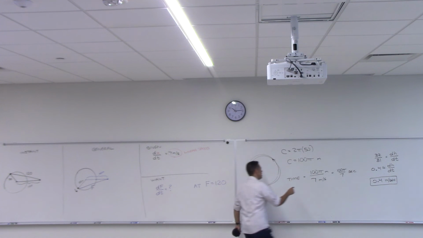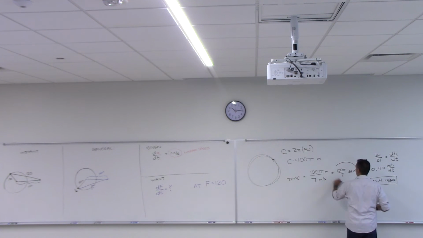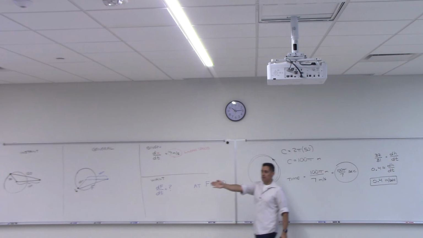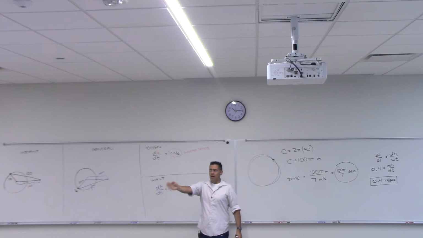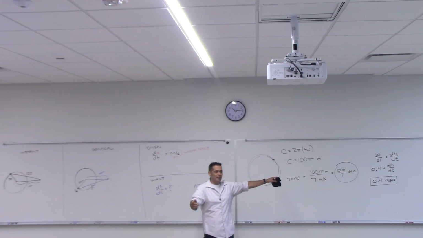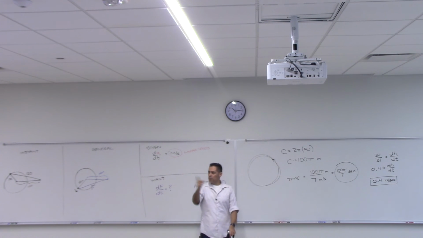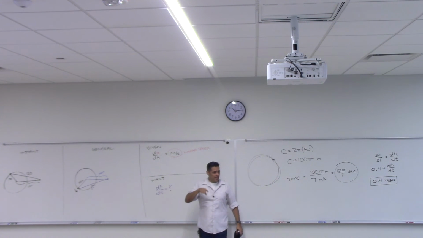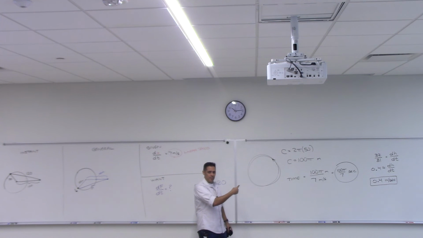So this is how much time it takes her to go around once. In terms of an angular speed, how long does it take me to go around once? That same time. So I go through 2 pi, I'm not going to use degrees, in that much time.